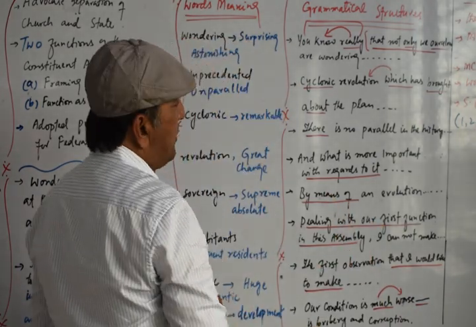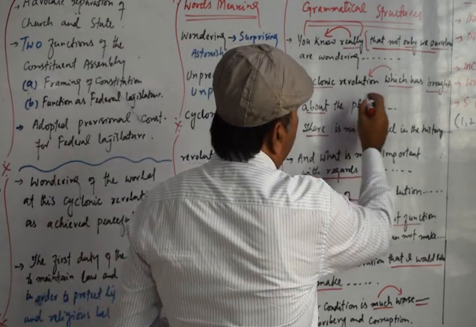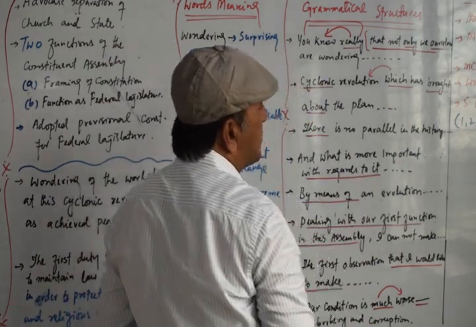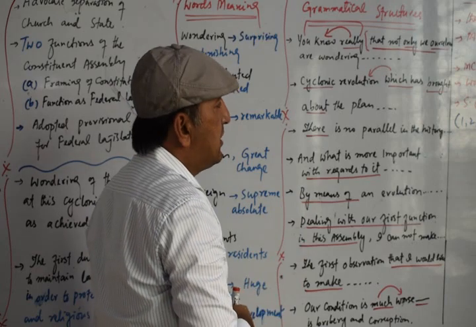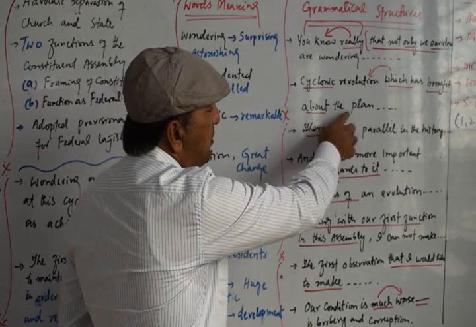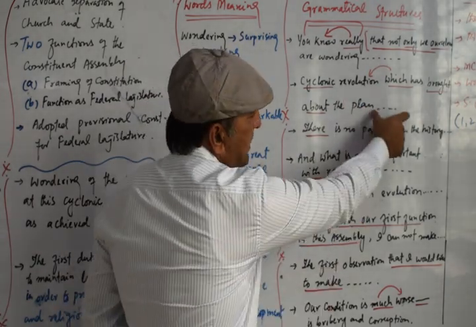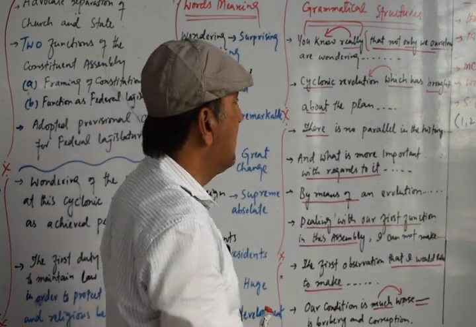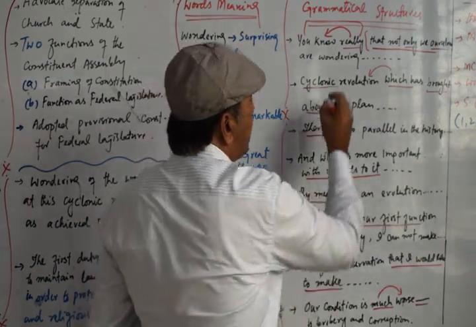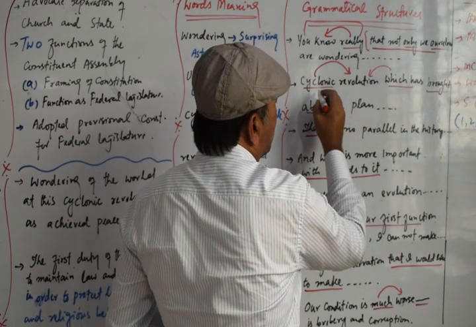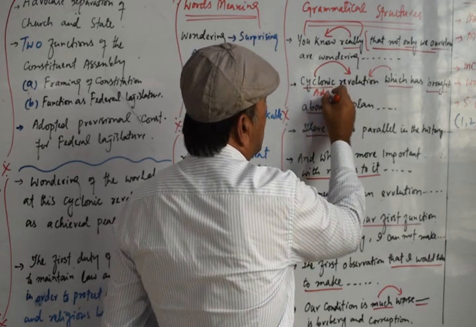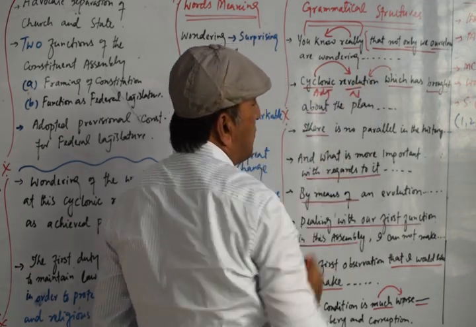Now the next word we have is cyclonic revolution, which has brought about the plane of. The rest of the sentence is there in your text. Cyclonic revolution. First of all, cyclonic tells us about revolution. So cyclonic is an adjective because it tells us about the noun revolution.